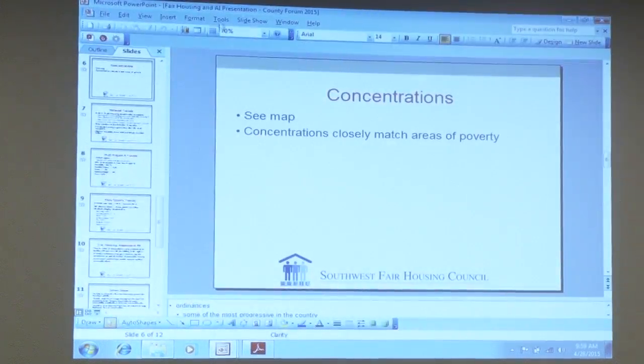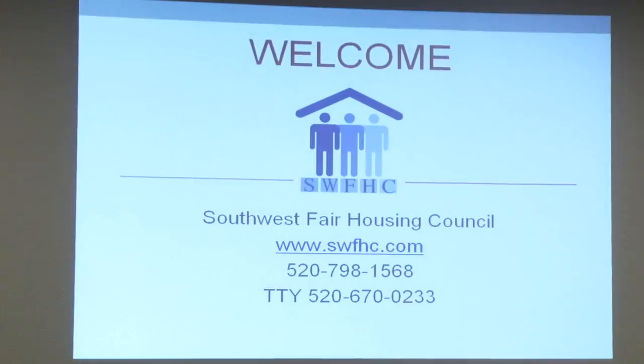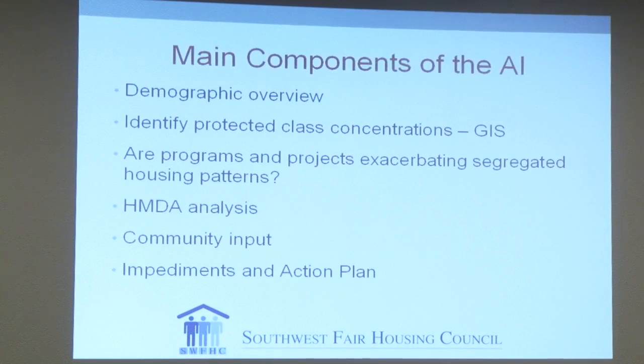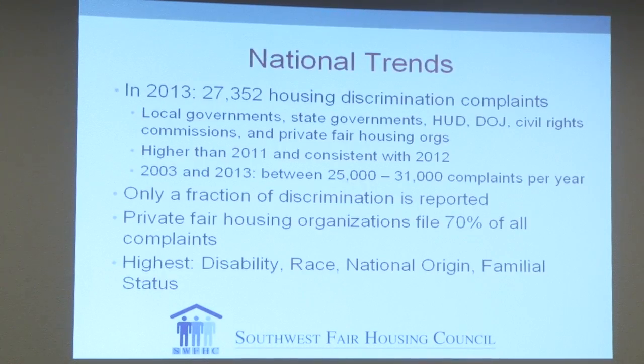We've mentioned a couple of trends about disability today, and I'd like to dive into those a little bit more. So nationally, in 2013, there were about 27,000 housing discrimination complaints, and these came from local governments, state governments.